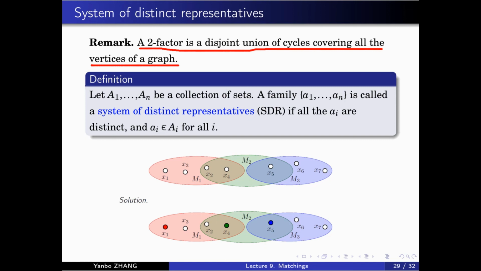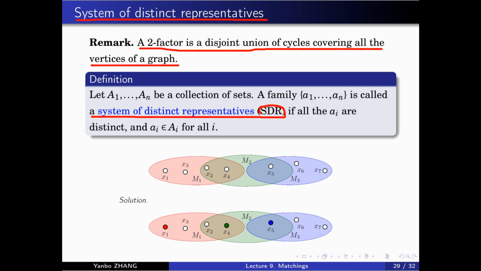The final corollary is about system of distinct representatives, which is referred to as SDR. Its definition is: let A1, A2 to An be a collection of sets.